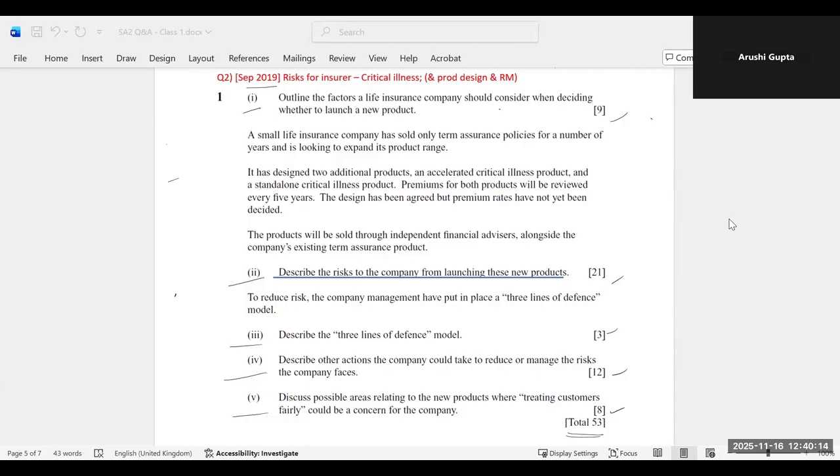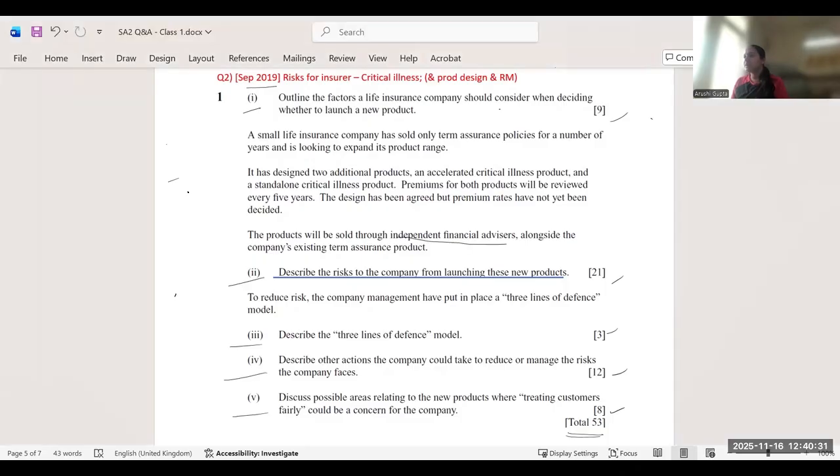The premiums for both products will be reviewed every 5 years. The design has been agreed, but premium rates have not yet been decided. The products will be sold through independent financial advisors alongside the company's existing term product. Is this question clear so far?